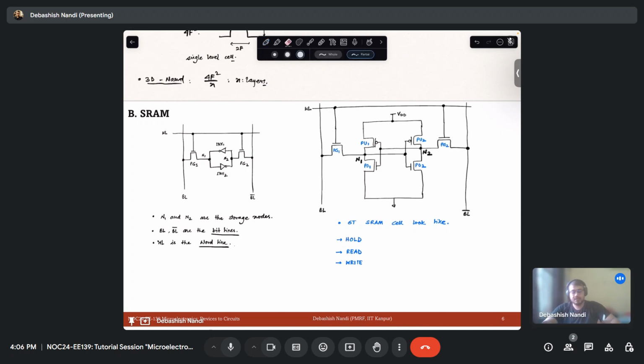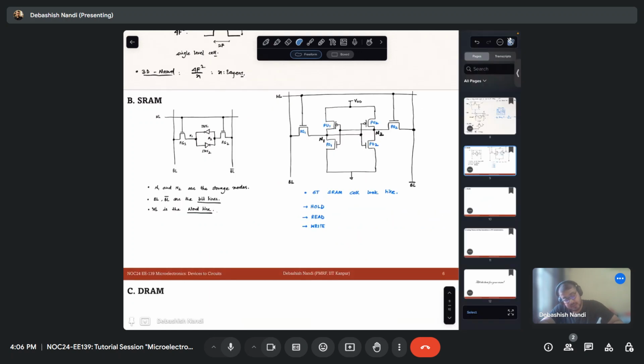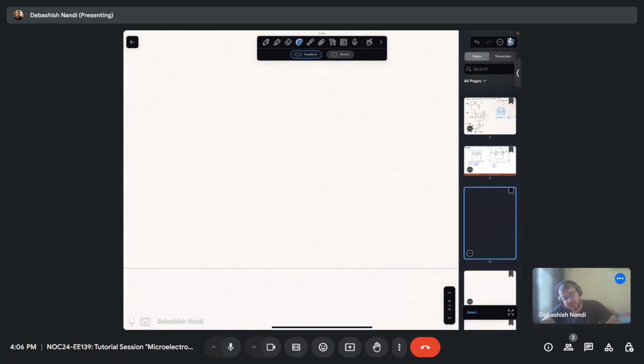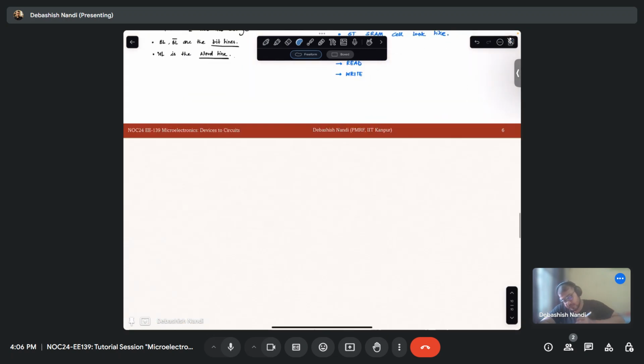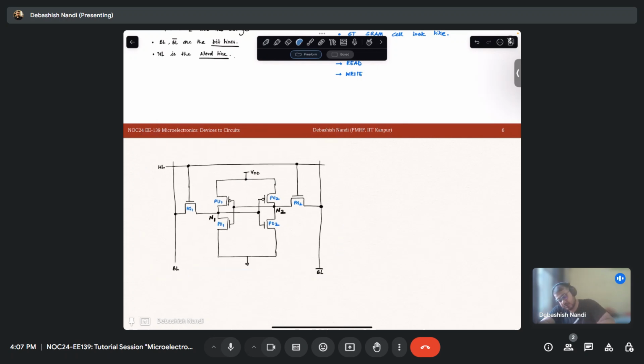We'll see how these three things happen. Let me copy this and add another page, okay? So we'll see now. First, hold operation, okay?